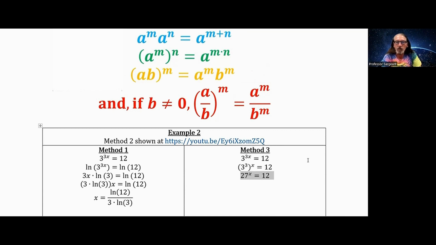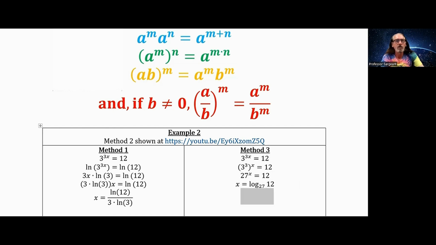Taking the logarithm of both sides in base 27, or better yet, just apply the definition of logarithms. The answer to the logarithm is x, because it's in the exponent here. The base is 27, and by a process of elimination, we must be taking the logarithm of 12 in base 27.